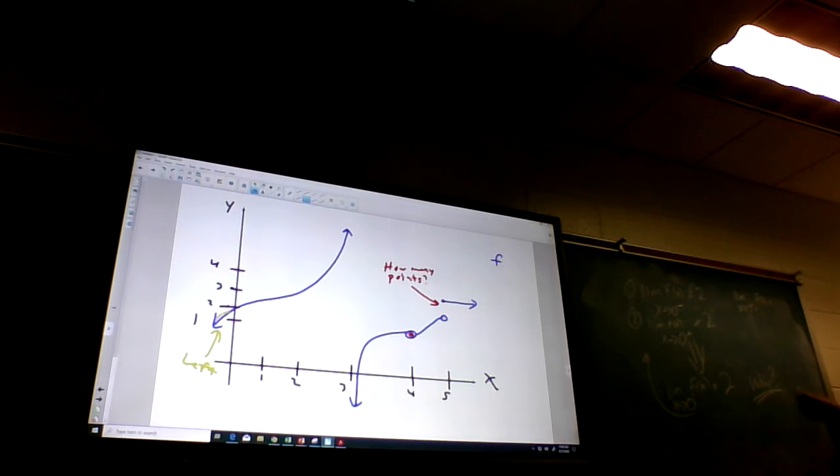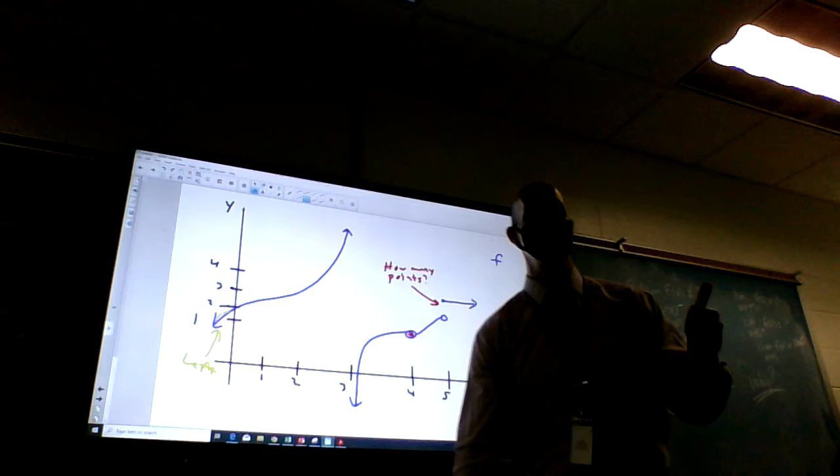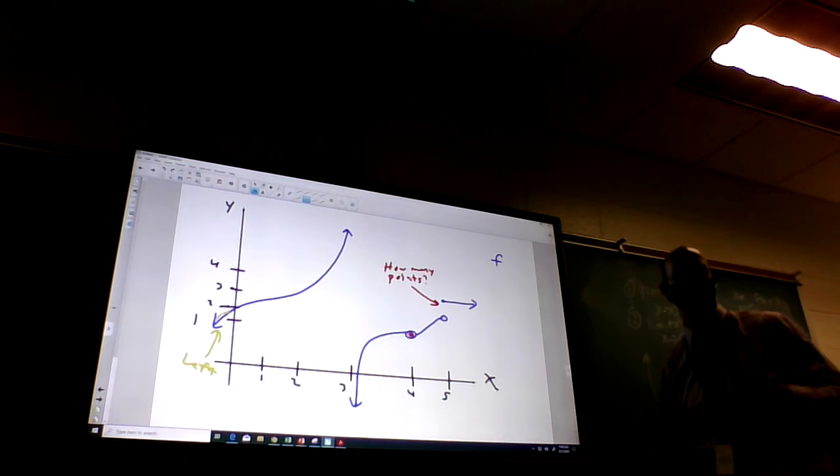It kind of looks like it could be 2, but can we just say it's 3? Yeah. Okay. What's the limit as x goes to 5 plus? 4. So therefore, what is the limit as x goes to 5? Does not exist. Why? Because they don't equal each other. Correct. Doesn't that make sense? Yeah. By the way, did you learn anything yet? It makes sense, doesn't it?